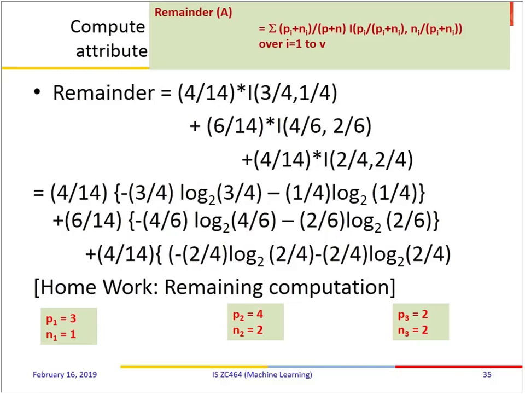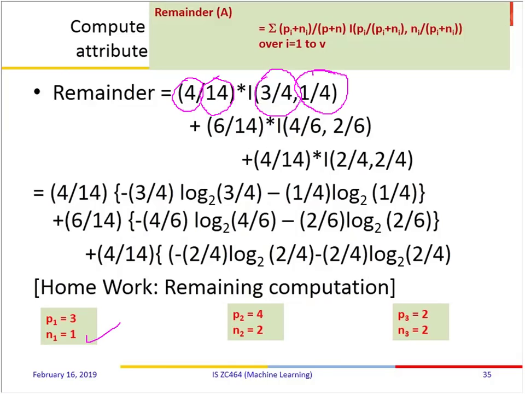What is this 3 representing? P1. What is 4? It is P1 plus N1. That goes inside the I. And here it is the negative part, 1 by 4, because N1 is 1 and P1 plus N1 is 4. Okay. And what is this 4? This is P1 plus N1. And what is this 14?